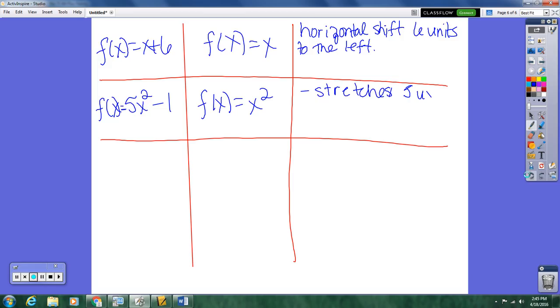I didn't just spend the last 45 minutes of my life talking because I wanted to hear myself talk. Simple number, vertical on the y. Okay, so how do we say that? Not a horizontal shift, a vertical shift, 1 unit down.